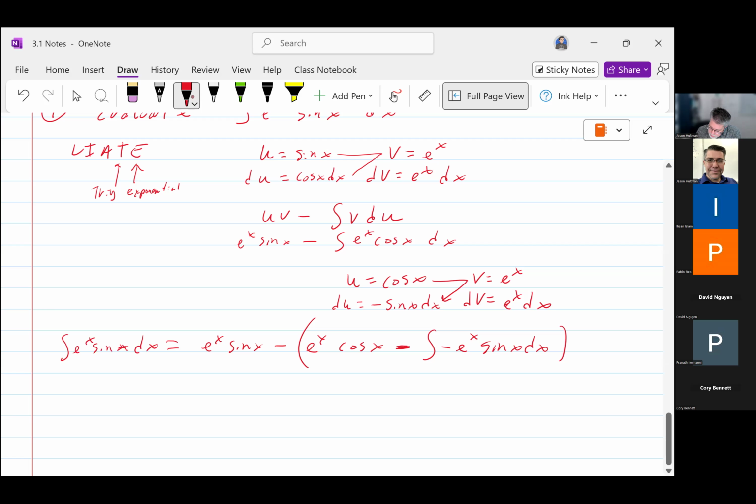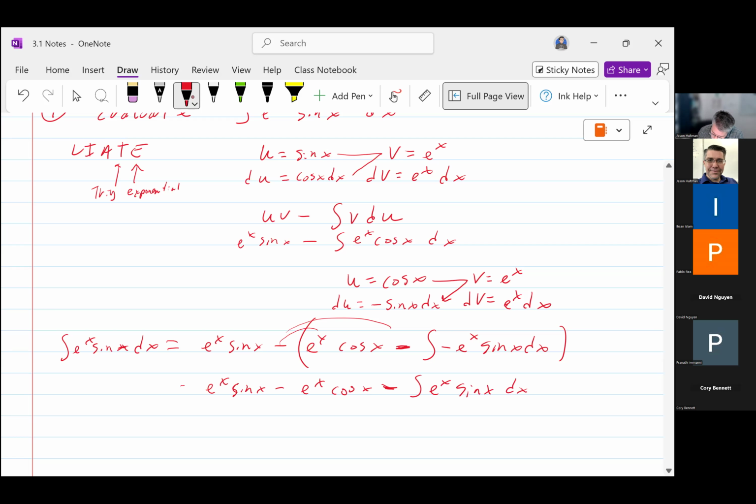Okay, so let's distribute the negative and reconcile. We've got one negative for e to the x cosine x. And we've got three negatives for e to the x sine x, the integral. So that's going to be a negative result because I know three negatives make a negative.